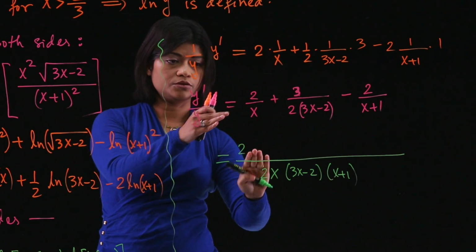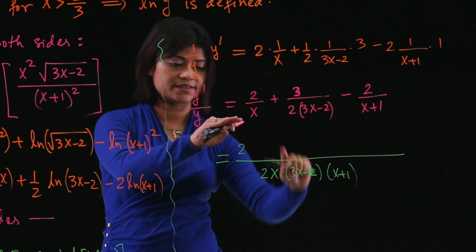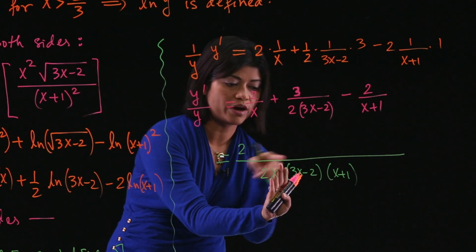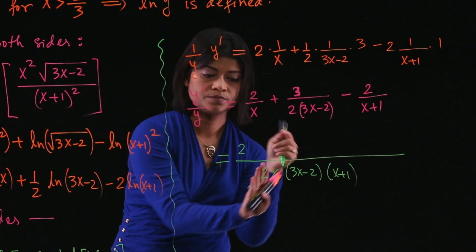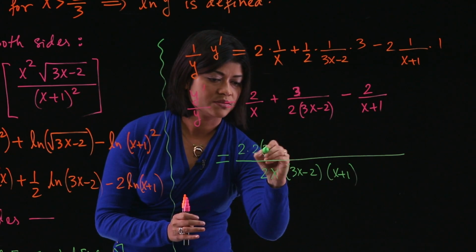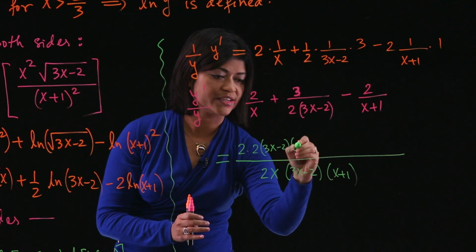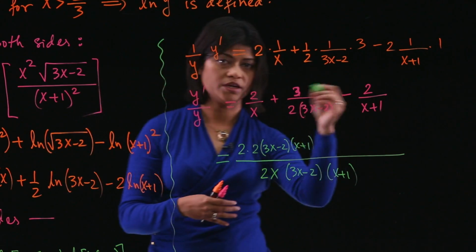So you keep the 2. See, the 2 is already attached to the x, so you cover up the x and whatever is remaining, you multiply that whole thing with 2. So 2 will get multiplied to 2 times 3x minus 2 times x plus 1.